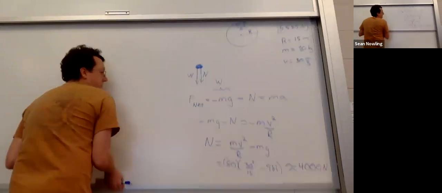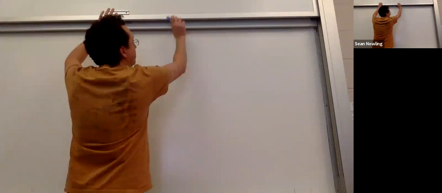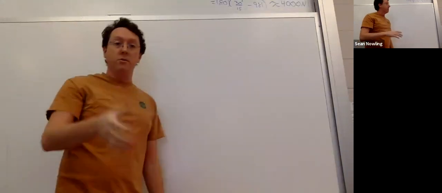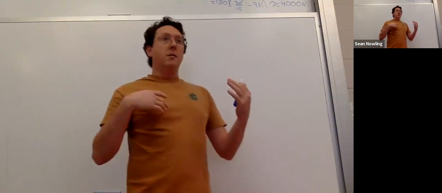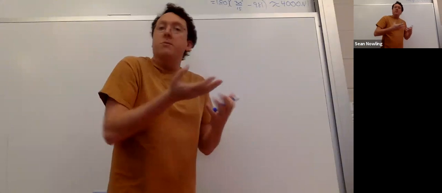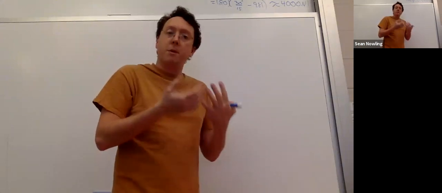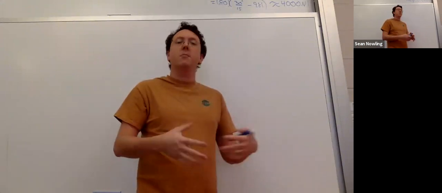Okay. So next, the last thing I want to do in this little video is to sort out and study when something feels weightless, where the normal force would be 0. Because remember, apparent weight is normal force. It's not really weight. So when you talk about weightlessness, we're talking about normal forces.